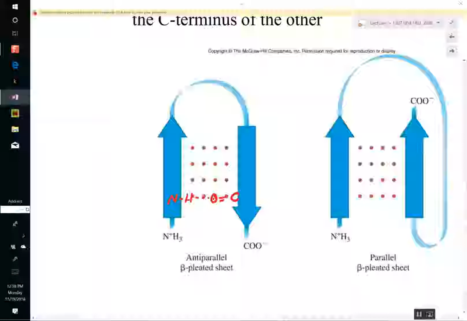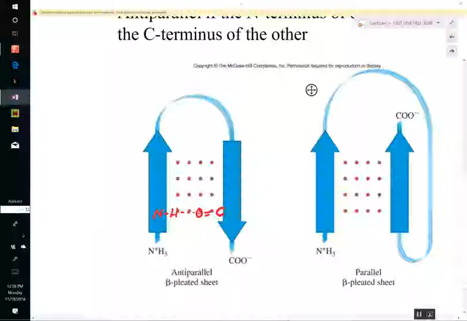There'd be a peptide bond along here. You're going along your amino acid sequence, protein backbone, and so now you're getting hydrogen bonding going across between the strands, and they're laying more or less flat. That's a beta pleated sheet.